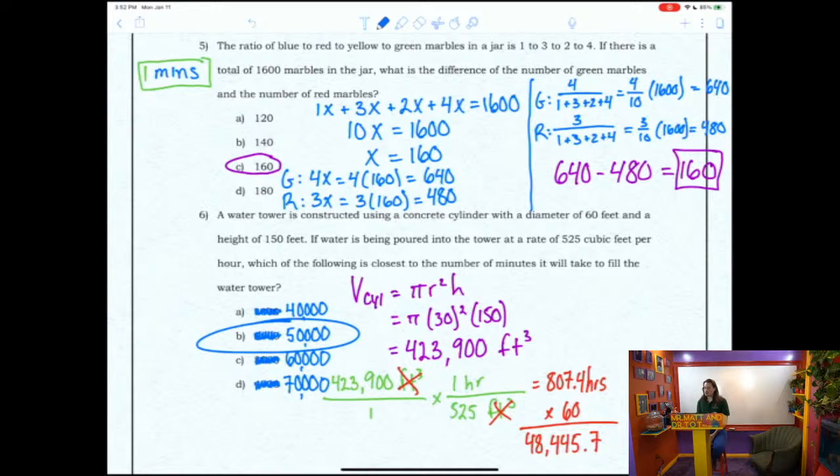So if we have a total of 423,900 cubic feet of water to put into this tower, I'm going to multiply it by a rate in a manner that's going to eliminate the units that I do not want and convert into a unit that I do want. So the given unit right now is cubic feet, but in my rate I have cubic feet per hour.